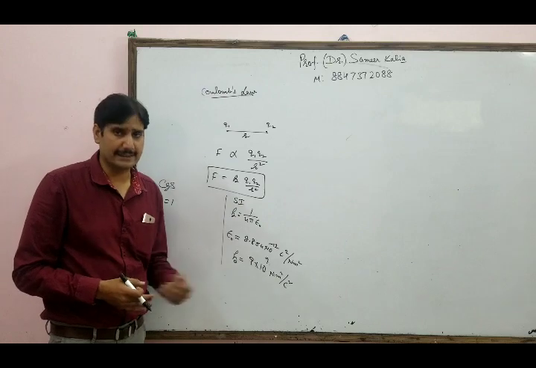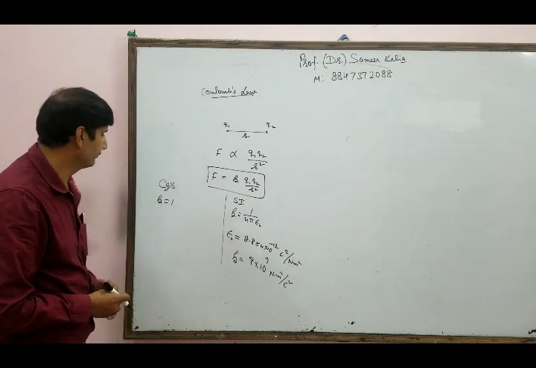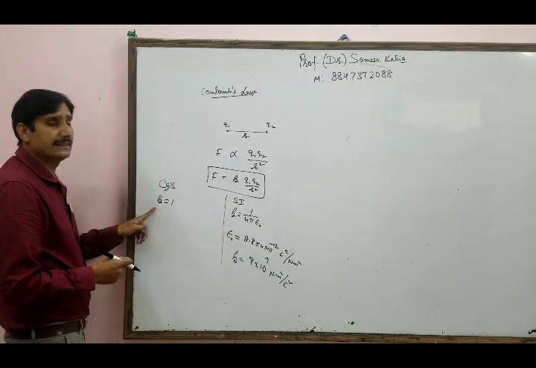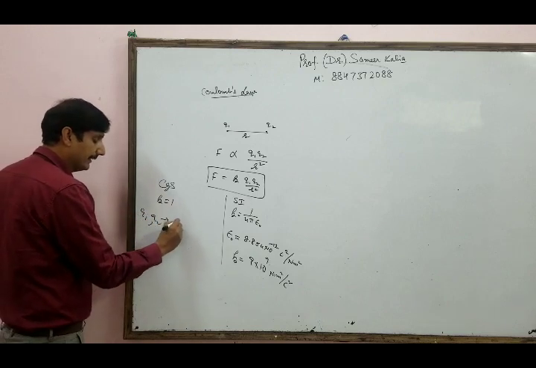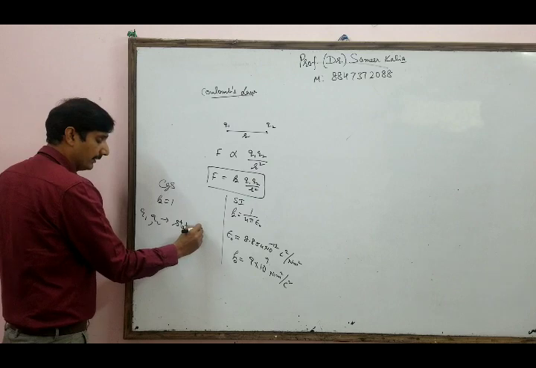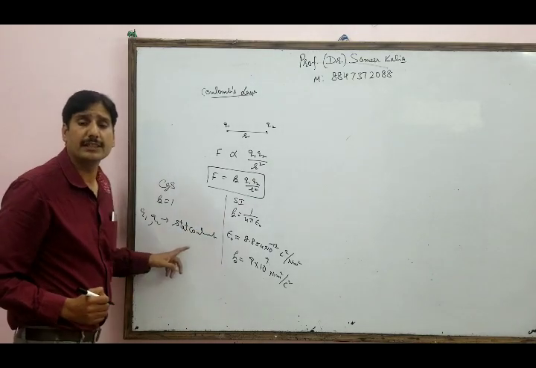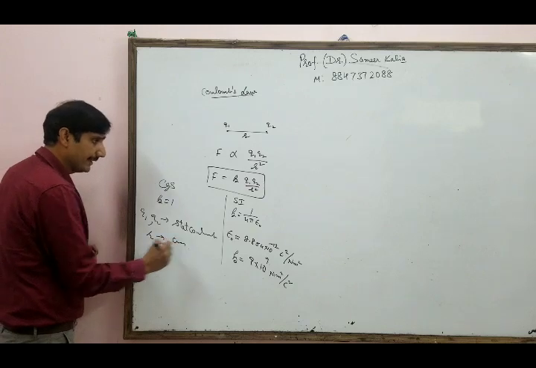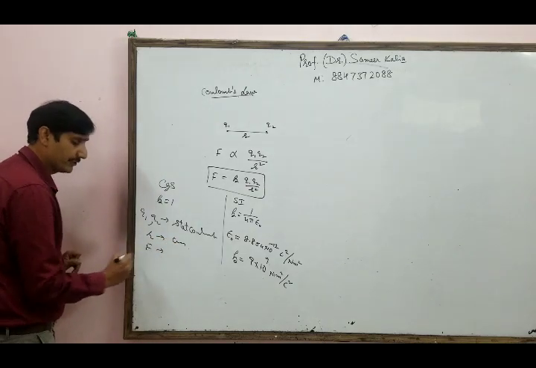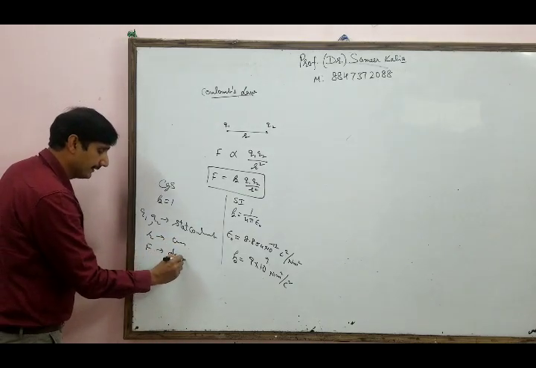We'll be using the SI system normally. However, if you are using the CGS system, then Q1 and Q2 should be taken in stat coulombs, which is the CGS unit of charge, r should be taken in centimeters, and F in dynes.